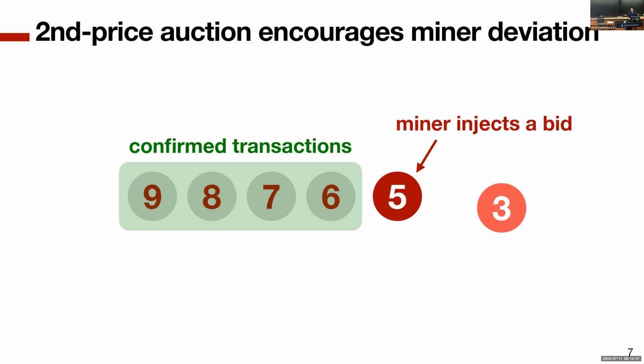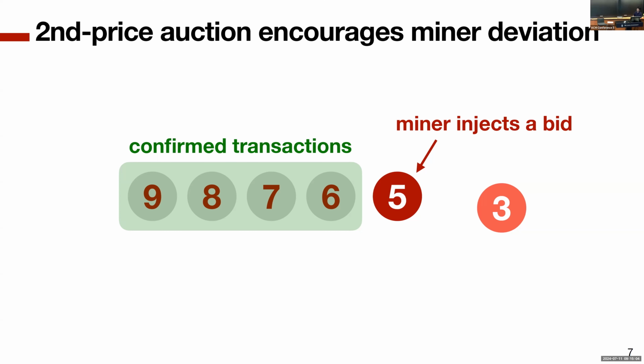There we might have a problem, because the blockchain is maintained by a lot of distrustful miners. This is actually a new challenge when we design a mechanism on blockchain: the miner itself is also a strategic player. If you just run the second price auction on blockchain, then the miner will try to inject fake bids to inflate the price.